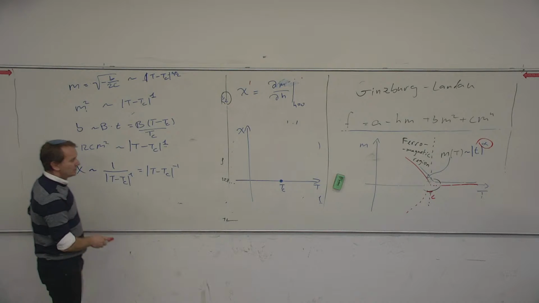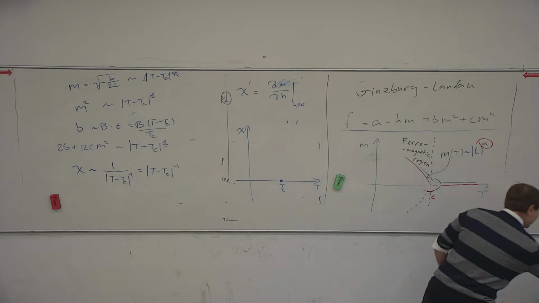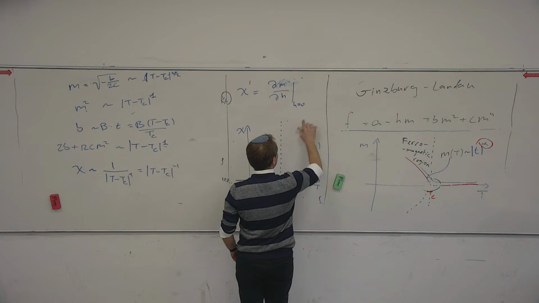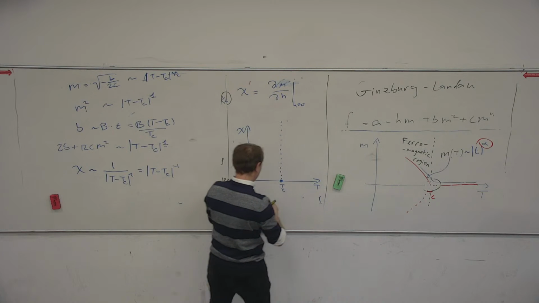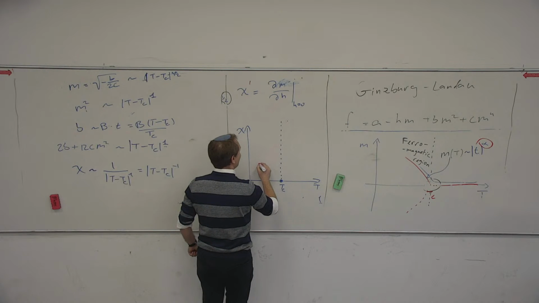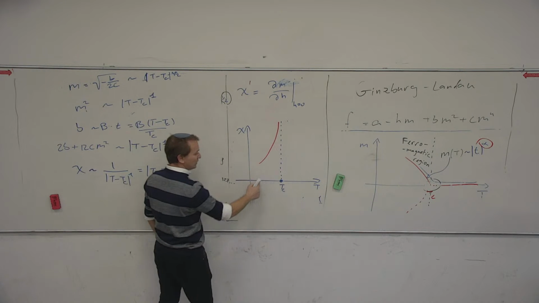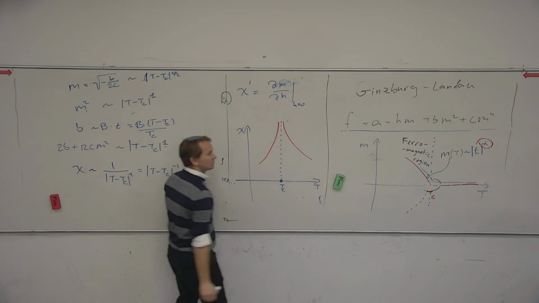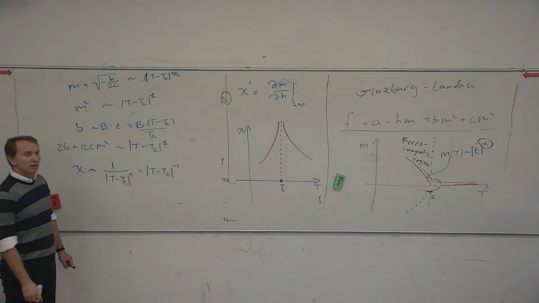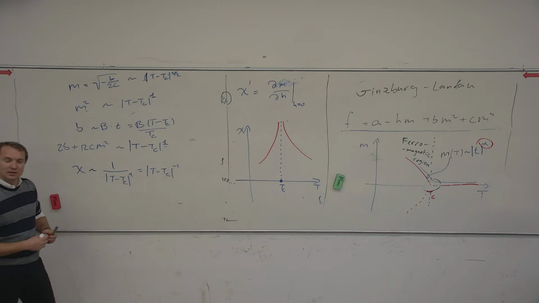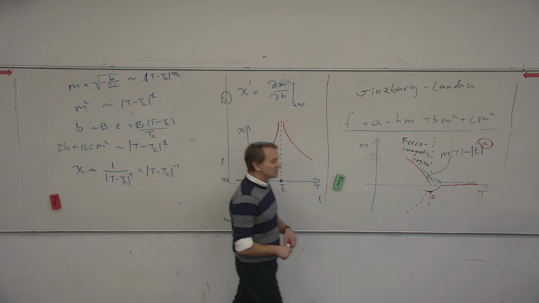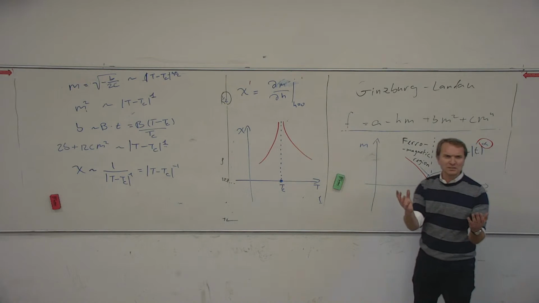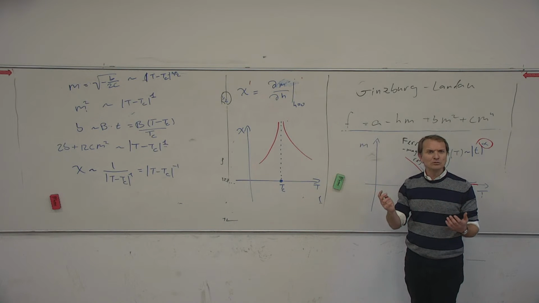So if we plot this, the susceptibility is going to diverge to the left of the critical temperature and to the right of the critical temperature. This is what we observe in critical phase transitions: the response of the system to some external field is diverging.